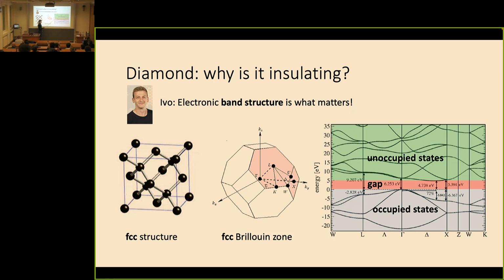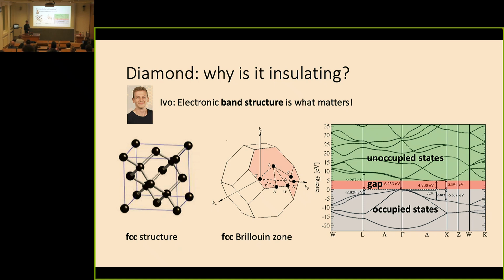There's a gap where there are no electronic states, and then unoccupied states. The fact that you have a gap, which is at its lowest 4.7 eV, is already an indication that it's insulating, just like silicon. But it's already a much larger band gap. For silicon, do you remember, I don't remember the exact number, like 1.82 electron volts. It's more than twice the gap that you have in silicon.